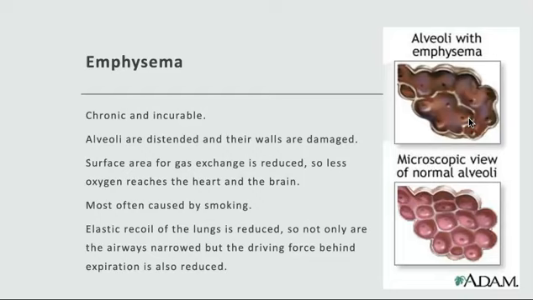Most often, smoking is going to cause this condition, and will have that elastic recoil of the lungs reduced as well. So not only are we narrowing our airways and reducing gas exchange, but the driving force behind expiration is also reduced, because we need that elastic recoil, that rubber band that pulls the lungs back down and allows it to inflate.